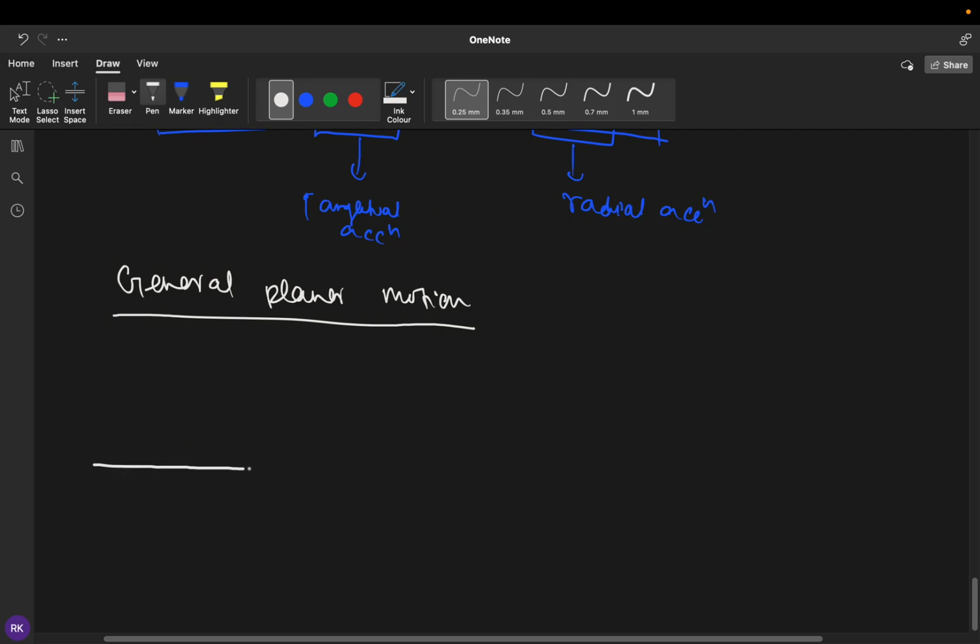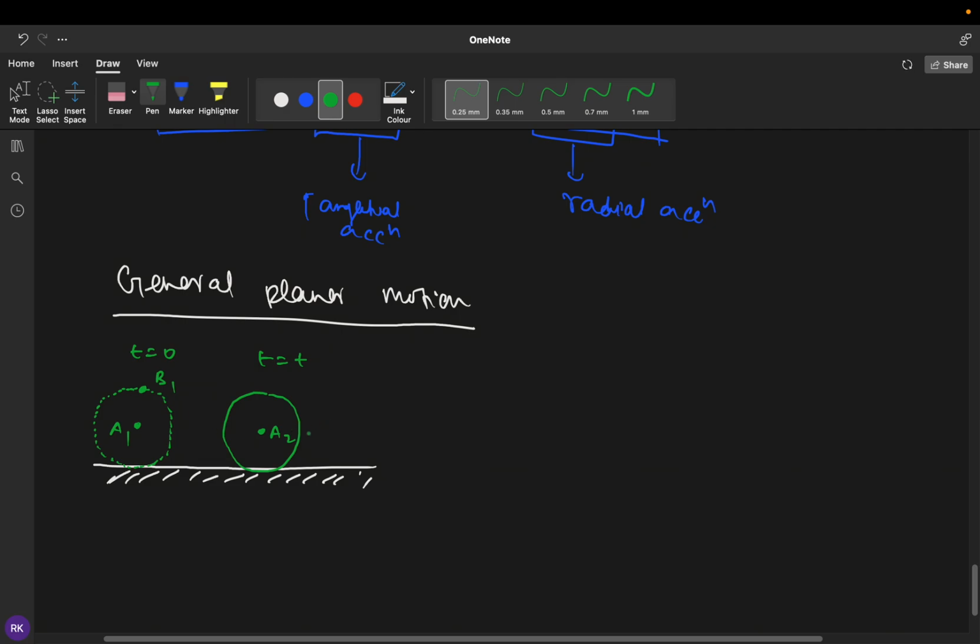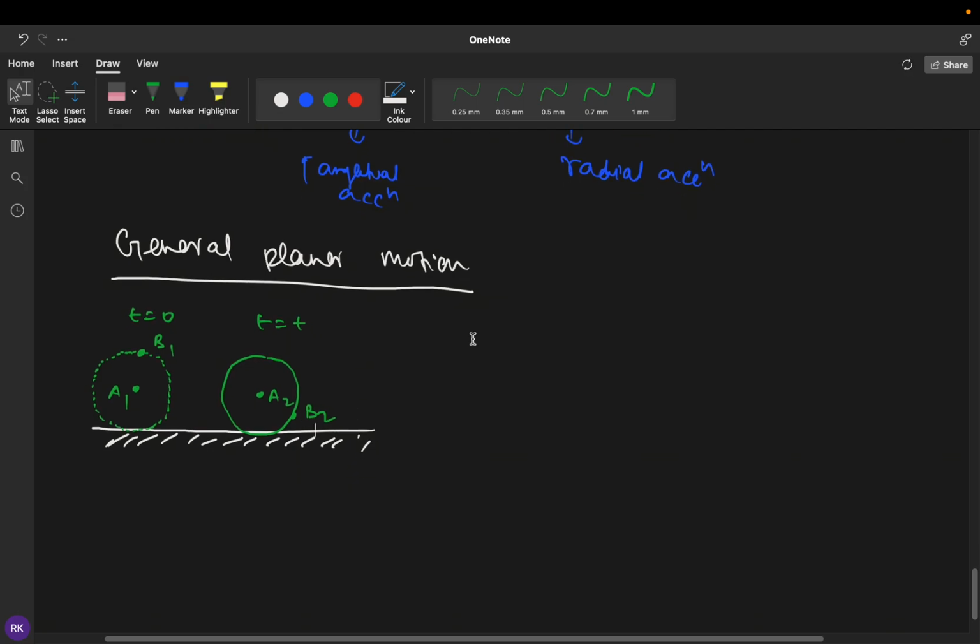Suppose there is a surface, and on this surface there is a wheel which has moved from this point to this point. This is the initial t equal to 0, this is the time t, and this point which was earlier a1 is now a2, and this top point that was earlier b1 is now b2.